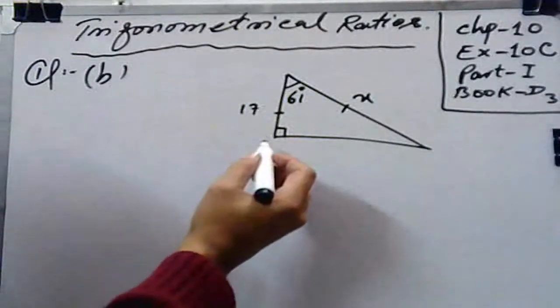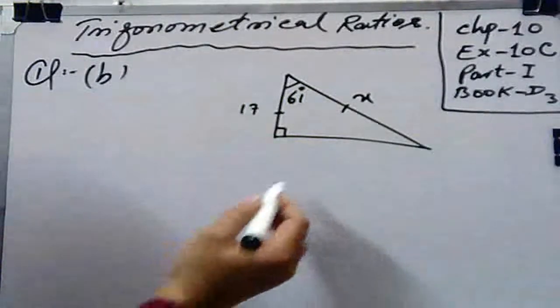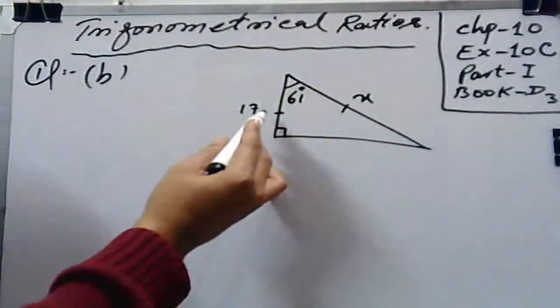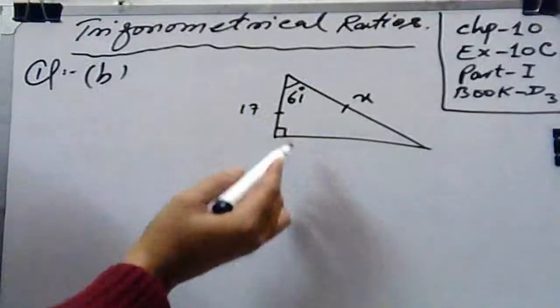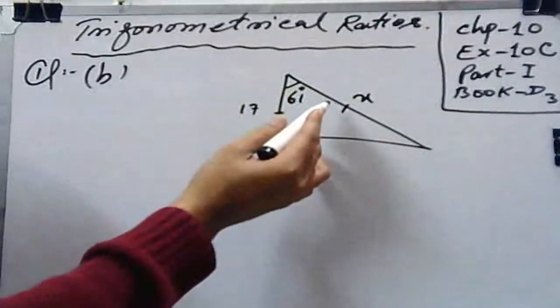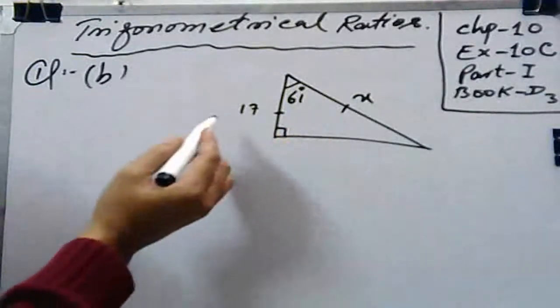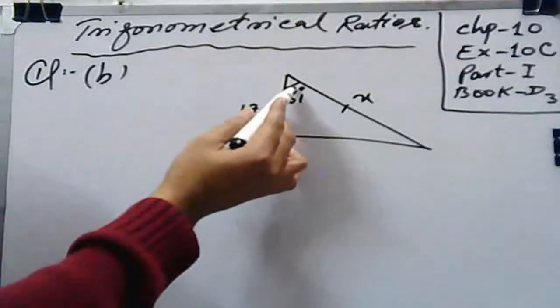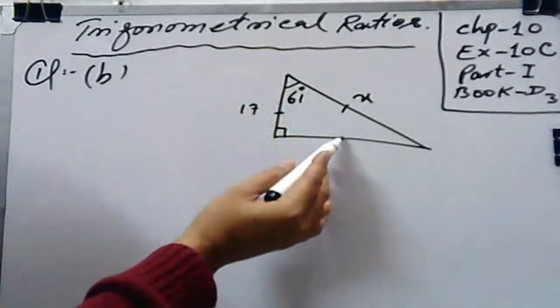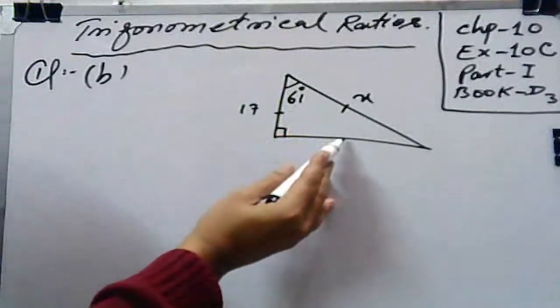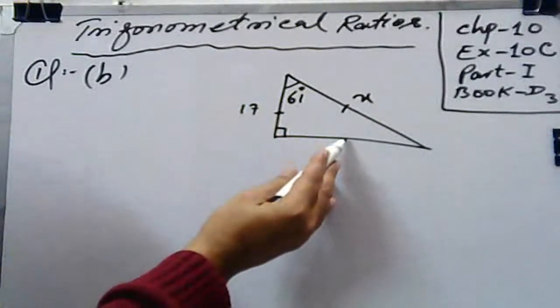So one is the unknown side and the other is the known side, so you take the ratio. So we know that adjacent by hypotenuse is cos. So when you take this angle, in front of this angle is your perpendicular side, which is also known as opposite side.